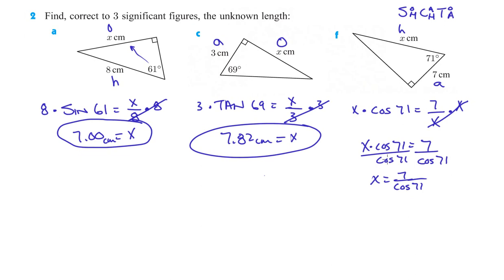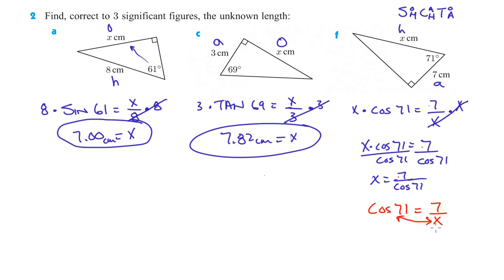Okay? Now, another way that you could have done, the way that I like to do this, is I know that if I start with cosine 71 equals 7 over x, if you'll notice, this 7 stayed here the whole time. Okay, so that 7 stays here, and the x and the cosine 71, if you'll notice, those just switch spots. So I know that if I get my variable in the denominator, I'm going to switch it with whatever's over on this other side.